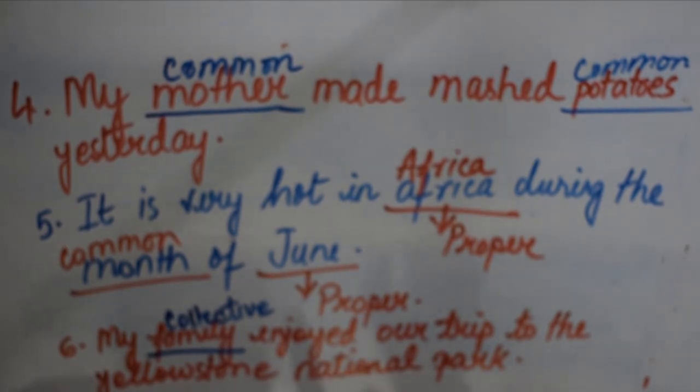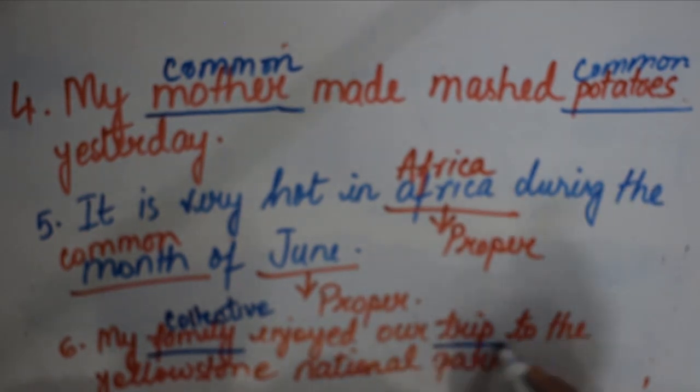So each of the members separately will be a common noun, like grandfather, grandmother, father. But when you all are staying together, you together will form a group which will be called a family, right? So family is a collective noun. Trip will be a common noun.